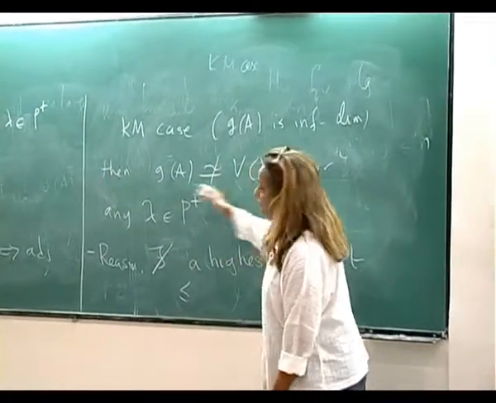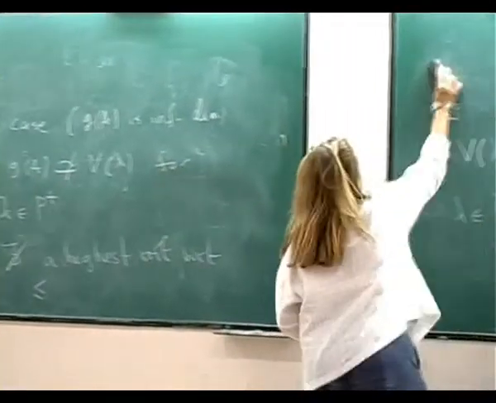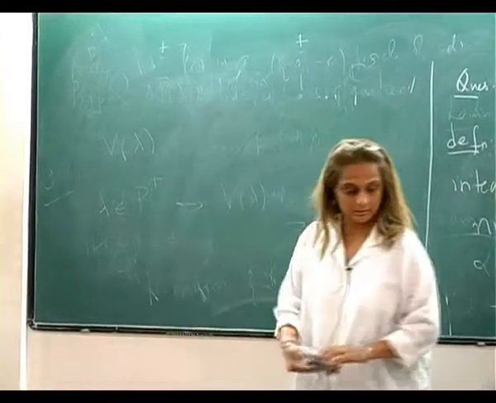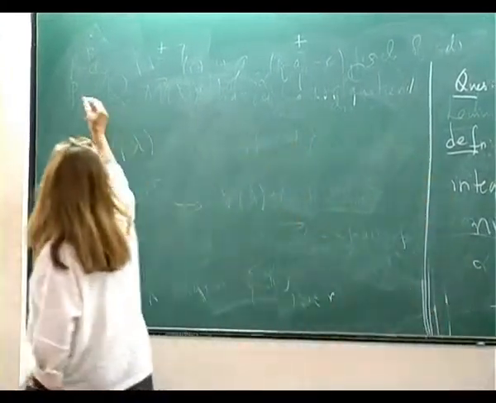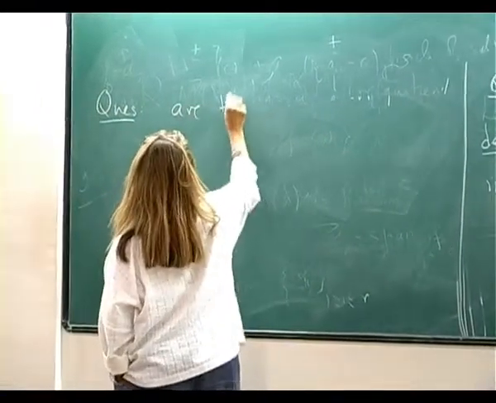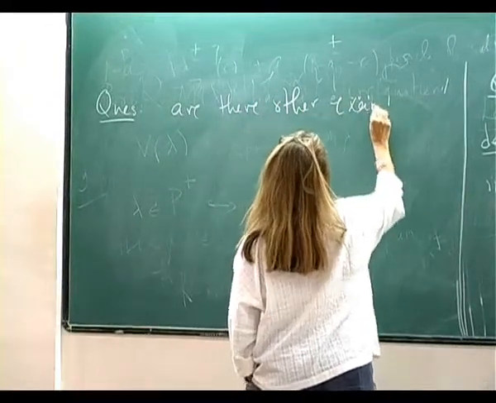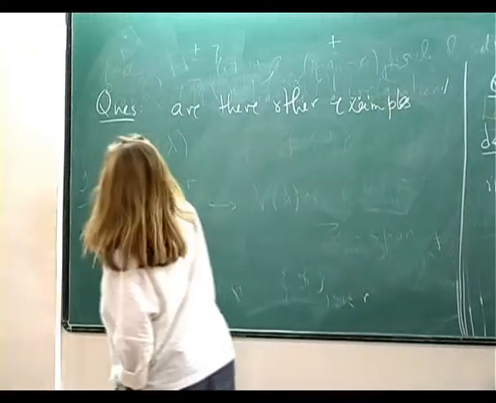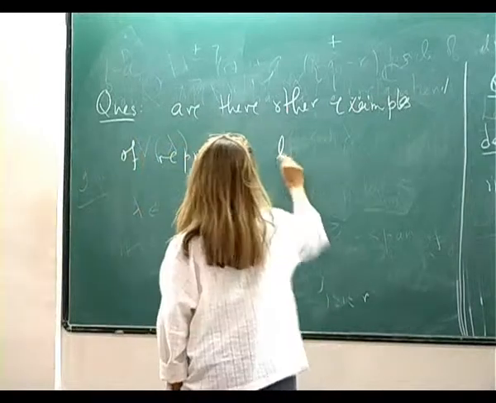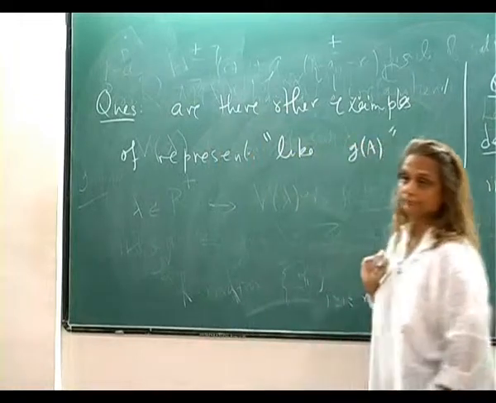So this is a completely different beast from the positive level V lambdas, right? So then it's a natural question to ask: do you have other examples? Question: are there other examples of representations like g_A, whatever this means, like the adjoint representation?